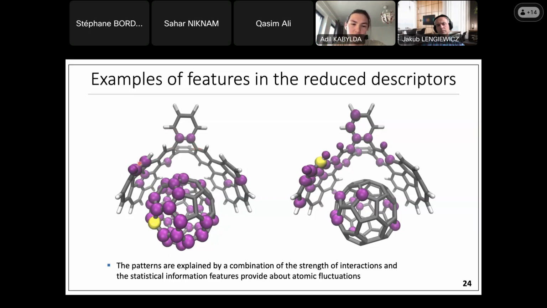So you only need to keep a few of them, and vice versa. If you select any of the atoms in the catcher, you keep some of the local environment, and only a few features from the ball, which give you information about how it is rotated and where it is. So these patterns overall are explained by a combination of the strength of the interactions from a physical point of view, but also the statistical information these features provide about the atomic fluctuations.